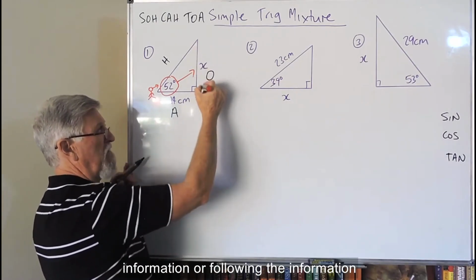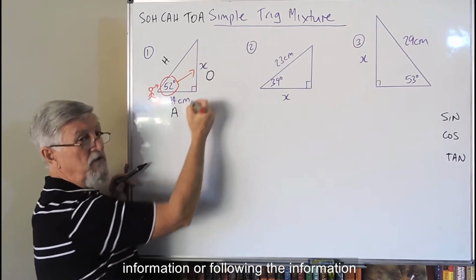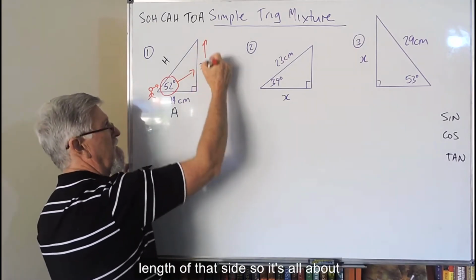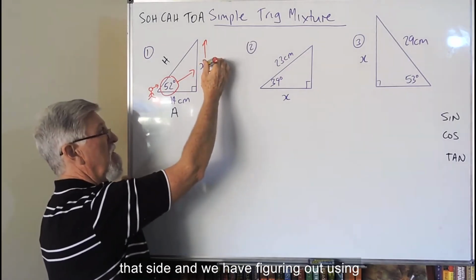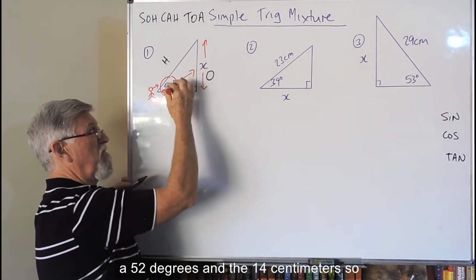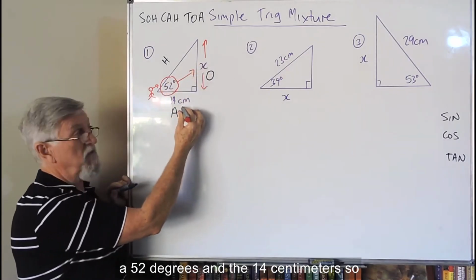We're going to find the information, in this case the length of that side. So it's all about lengths. We're going to figure it out using 52 degrees and 14 centimetres.